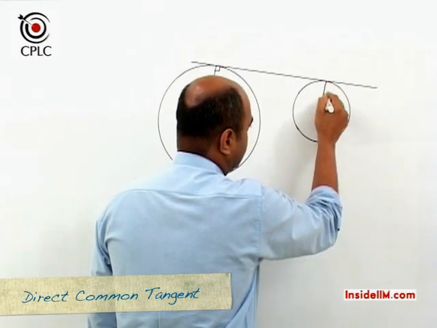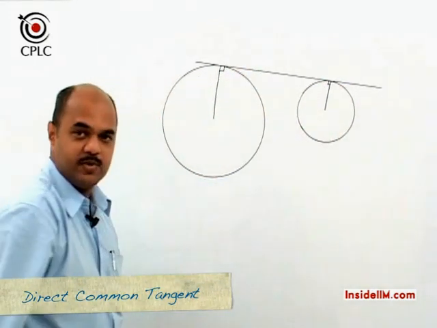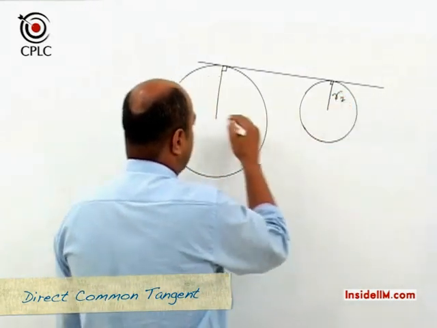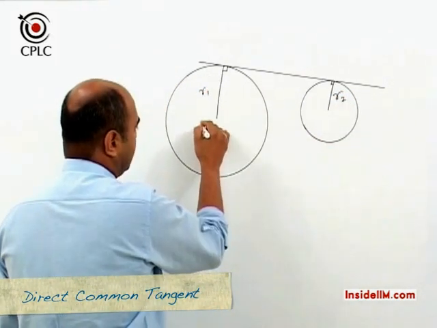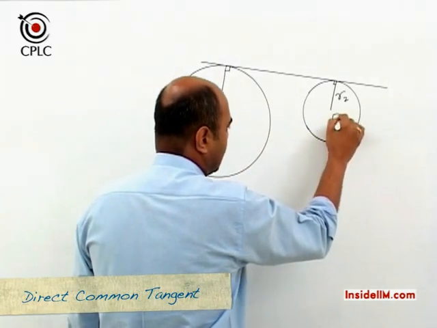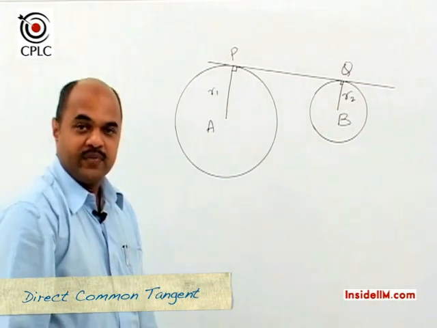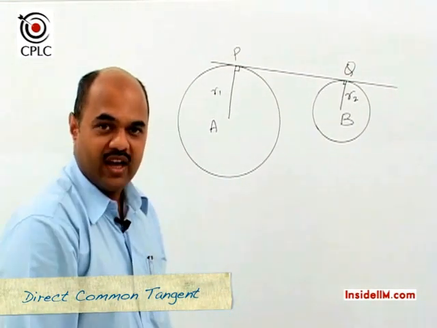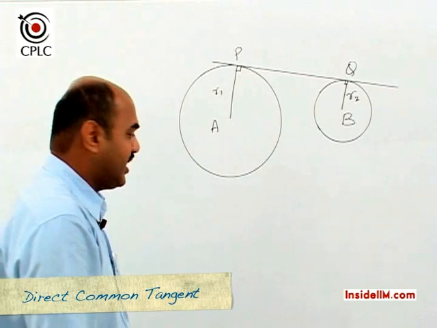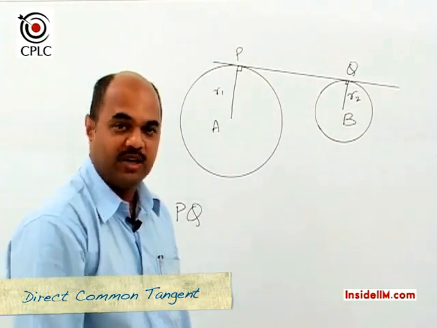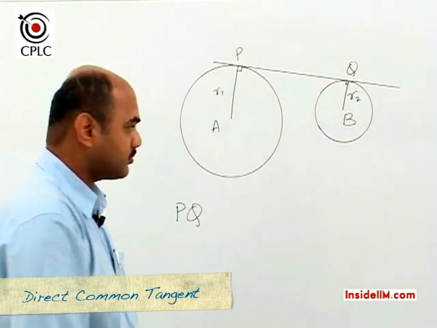Once again, if we do it in this circle, it would be 90 degrees because a tangent is perpendicular to the radius. Suppose this is R2 and this is R1, and the centers are A and B and these points are P and Q. The formula that we want to arrive at is a formula for the length of this direct common tangent, which is PQ.